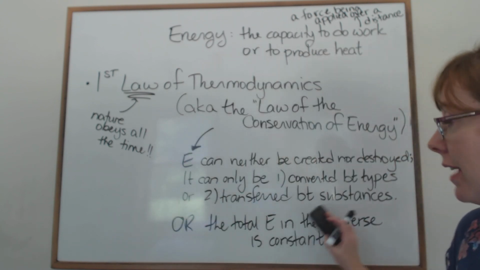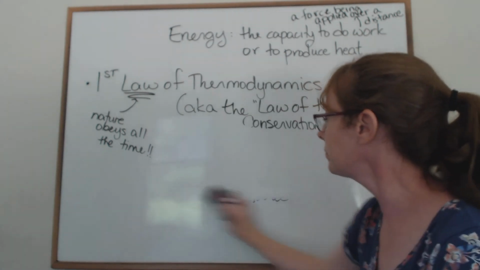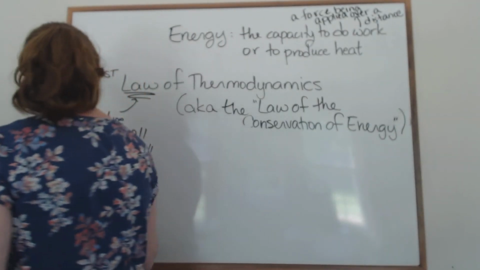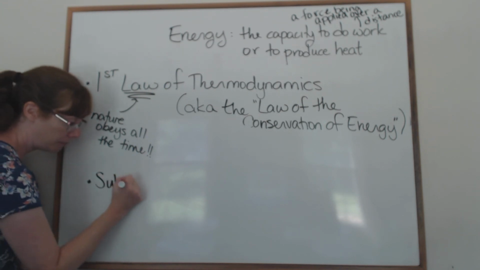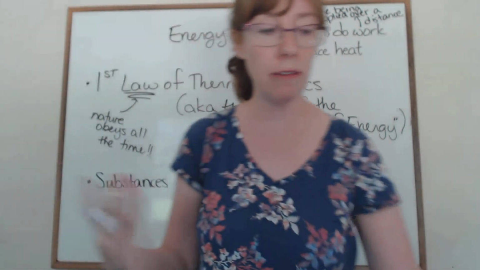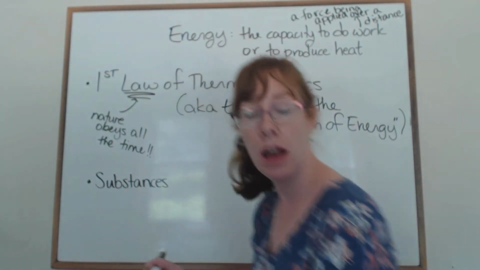And then the other thing that I would like to put on the board, and this is where we'll finish up, bullet point number 2, is substances, which, remember, is just our catch-all phrase for any type of matter. Any instance of matter could be called a substance.